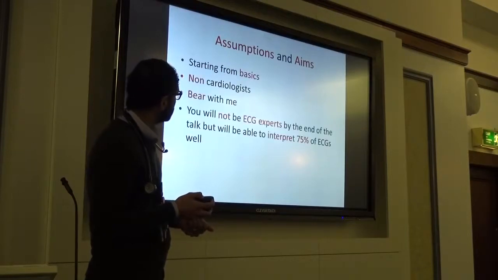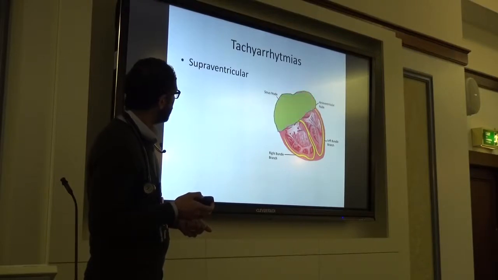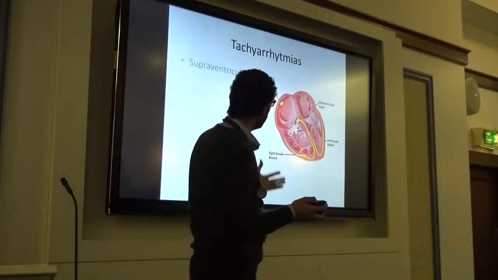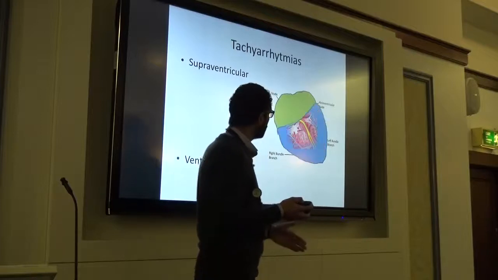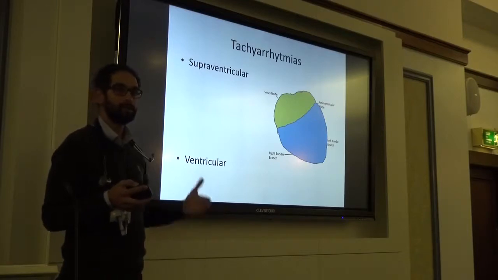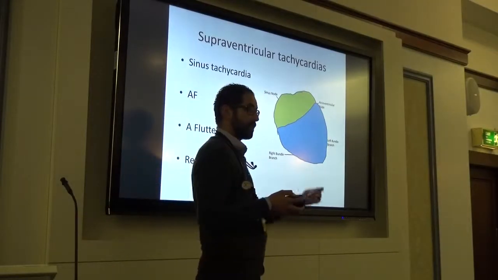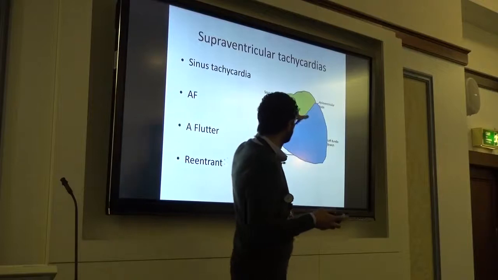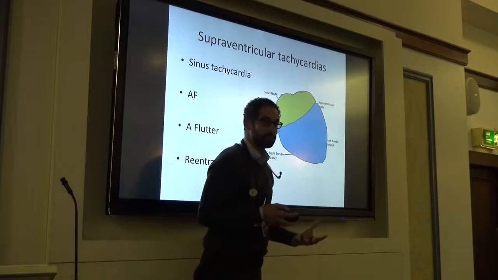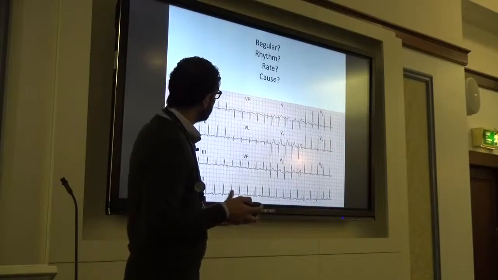When we talk about tachyarrhythmias, they could result from 2 areas in the heart: supraventricular, above the ventricle, or ventricular arrhythmias. Within supraventricular, you could have sinus tachycardia, atrial fibrillation or flutter, so multiple pacemakers in the top chamber, or reentrant tachycardia, or loop tachycardia. We'll go through them.